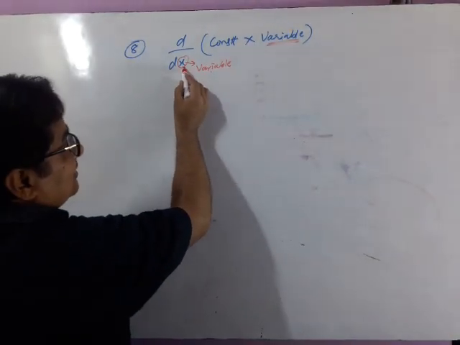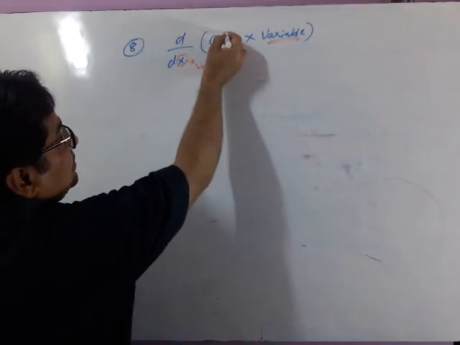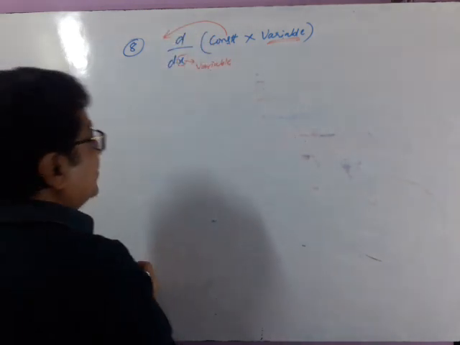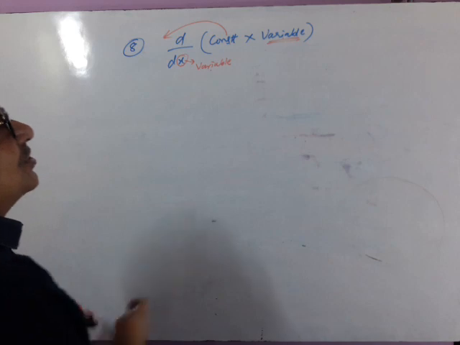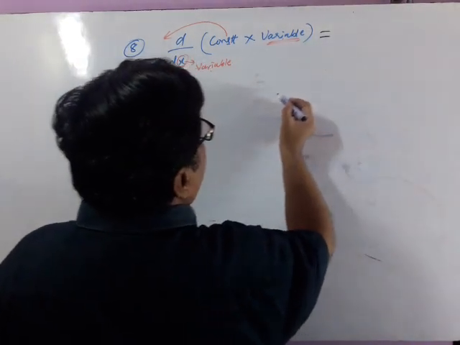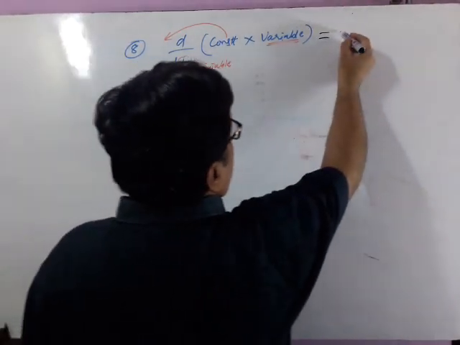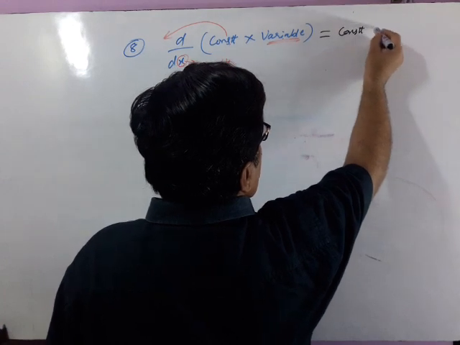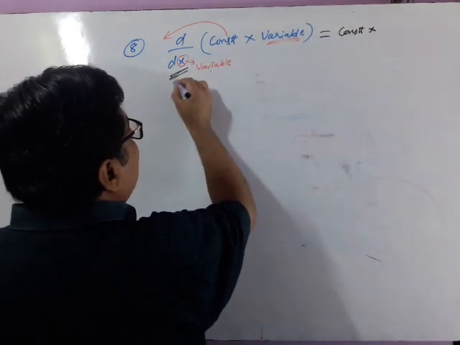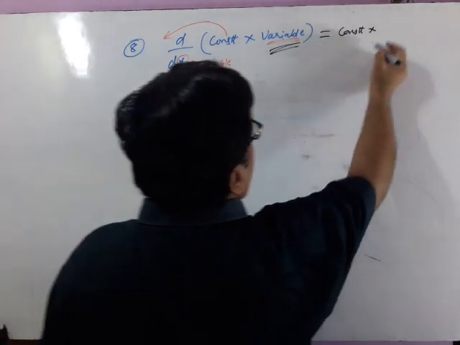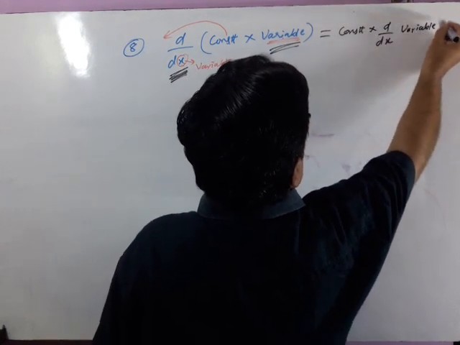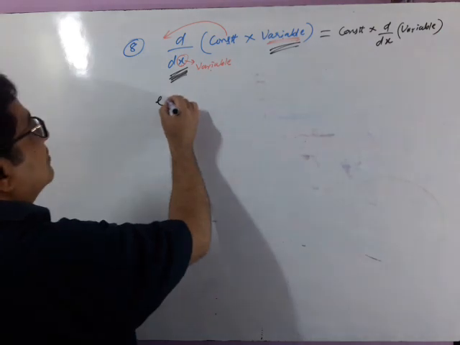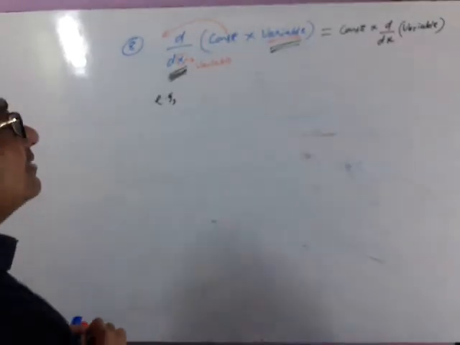Other than x, that will be constant. The constant is taken out of the differentiation sign. Then the answer will be the constant taken outside, multiplied by the differentiation of the variable. Slowly and gradually. See the example.